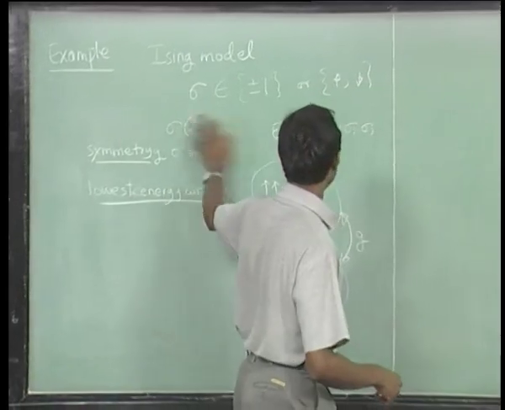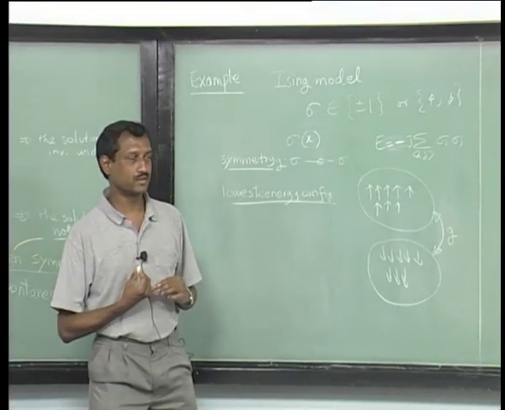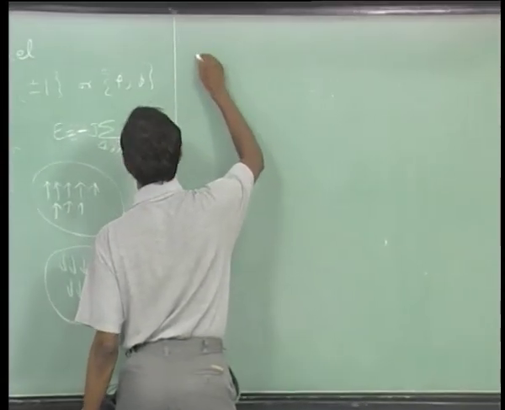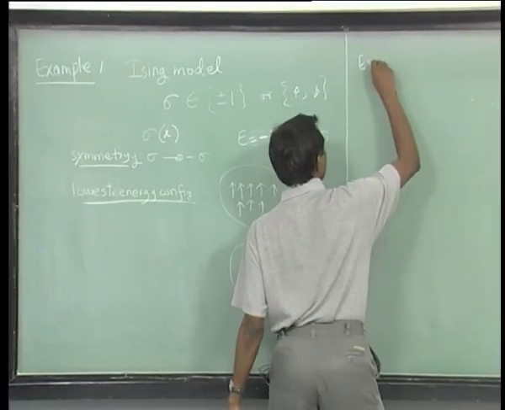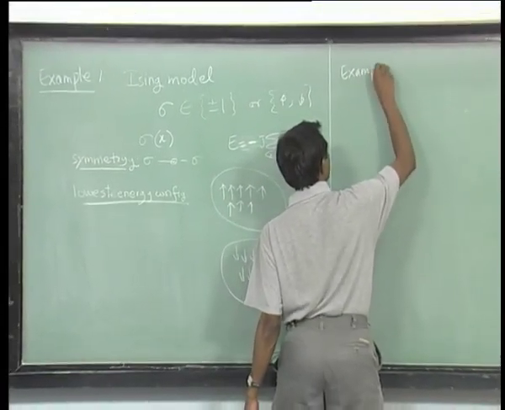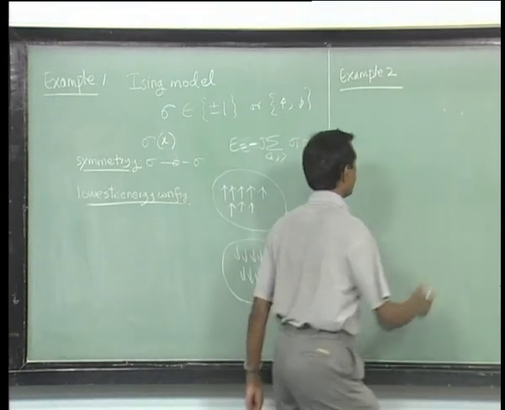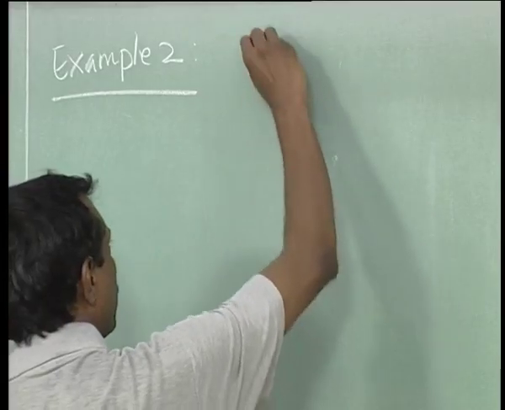The Heisenberg ferromagnet would be a natural generalization which will have a rotation symmetry. So let us look at field theory. Example 1 is the following. Let us take n scalar fields.